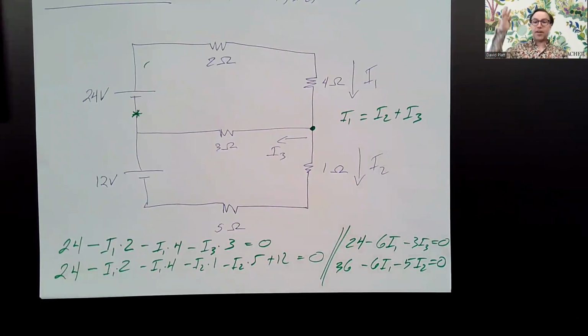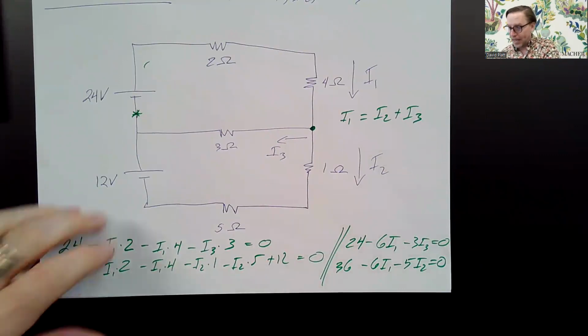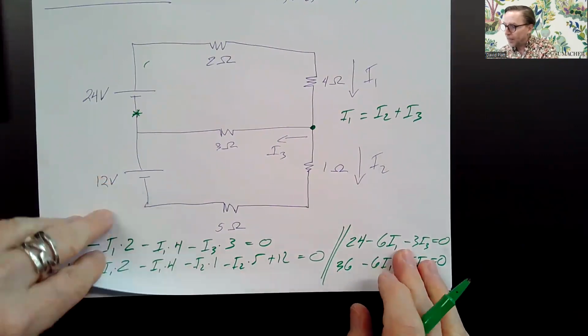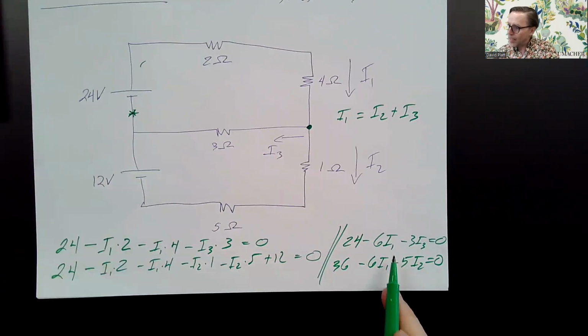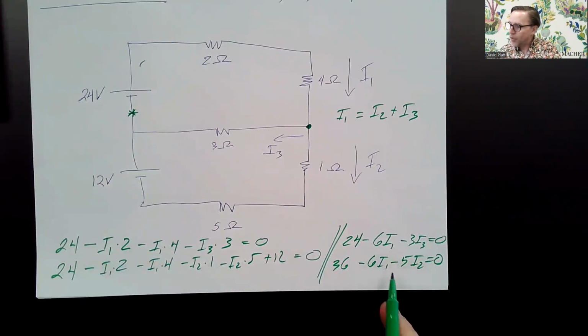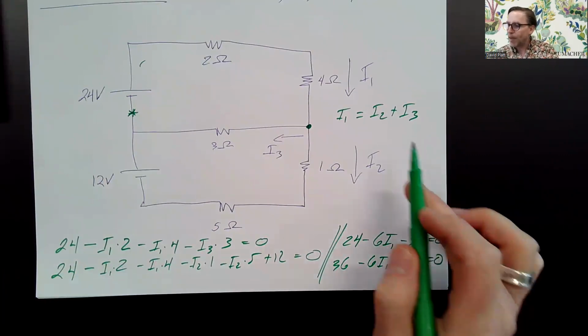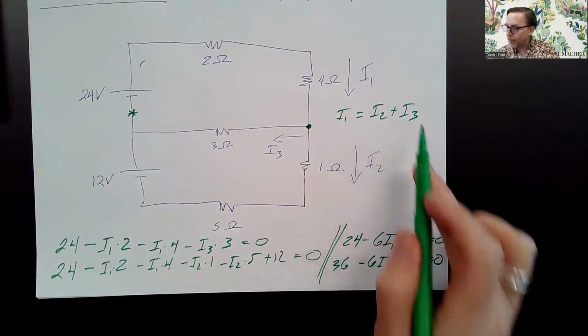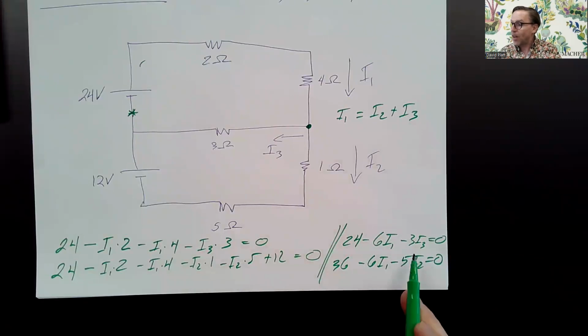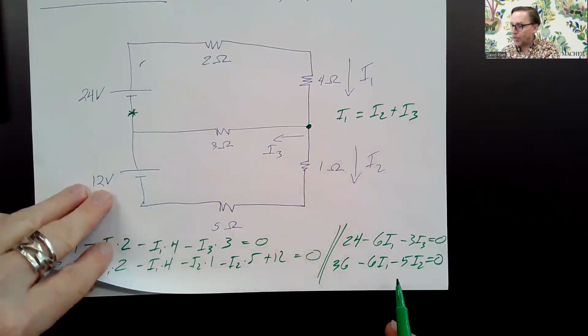And then, magically, here I am back. I hope you got the right answers. Let's see. This equation has I1 and I3. This equation has I1 and I2. So if I substitute I2 plus I3 for I1, then I'll have 2 equations with I2 and I3. So I'm going to do that.